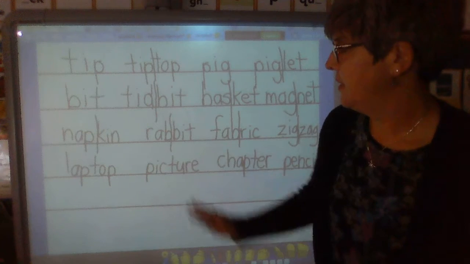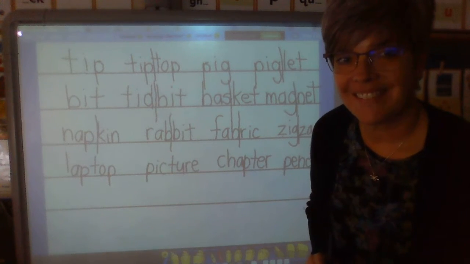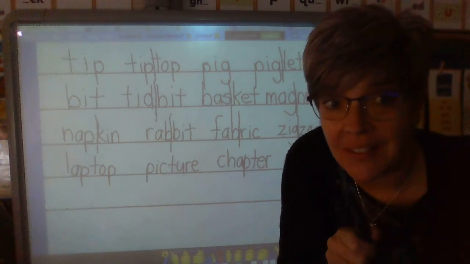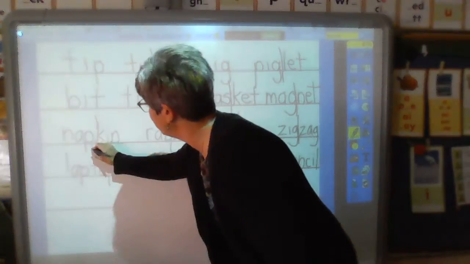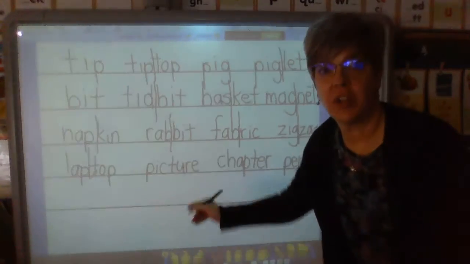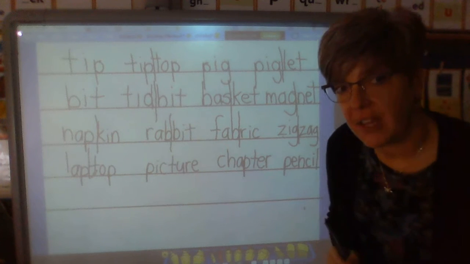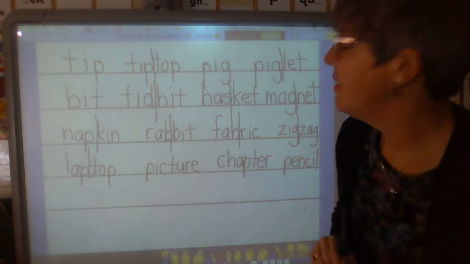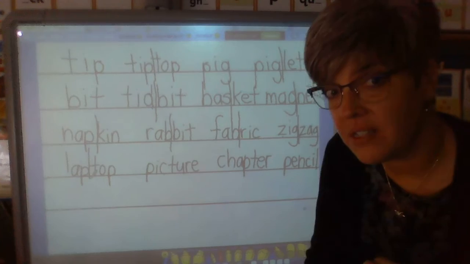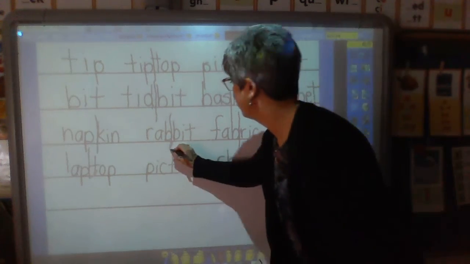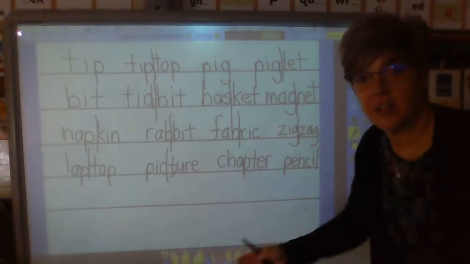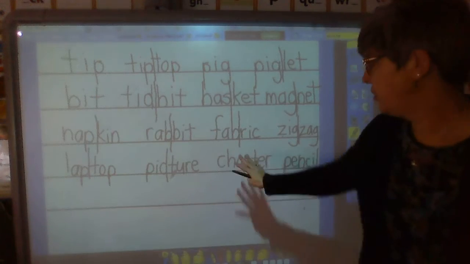Laptop. Divide it where? You're right. Between the P and the T, it has our pattern. Picture. Picture. Divide it where? You're right. Between the C and the T because it has our pattern. Chapter. Chapter. Look for the pattern.